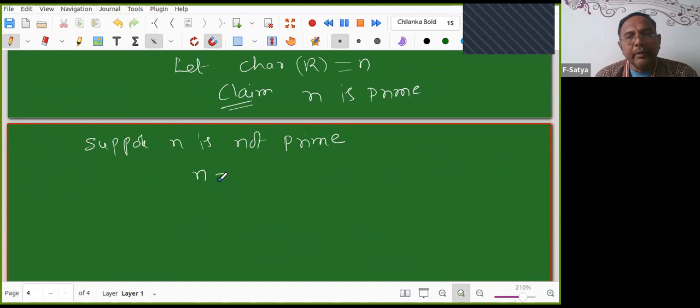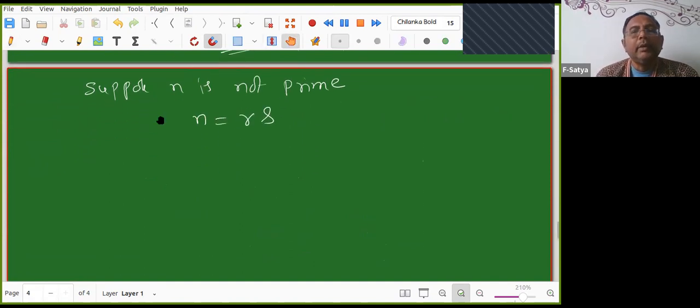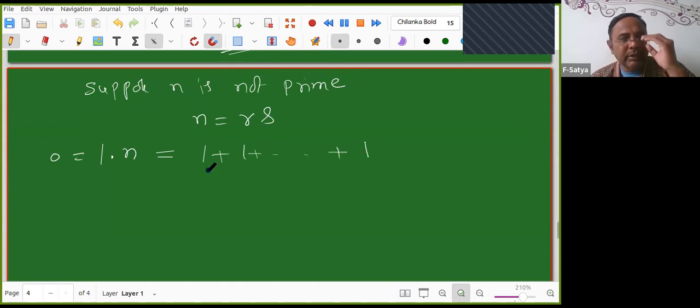That means n is equal to some r into s. Now there is a contradiction I want to bring. I know that 0 is equal to n times 1, which is 1 plus 1 plus 1 and so on.